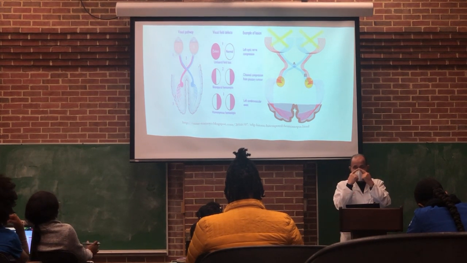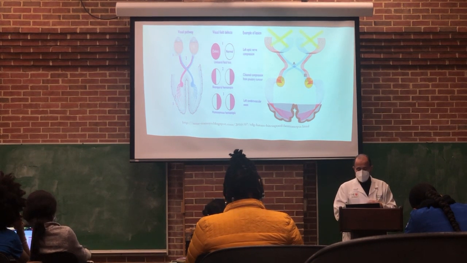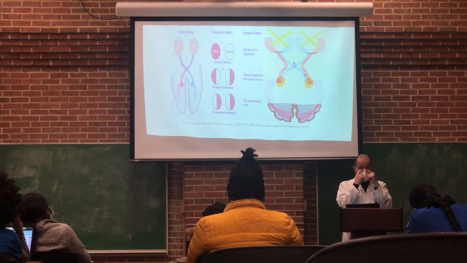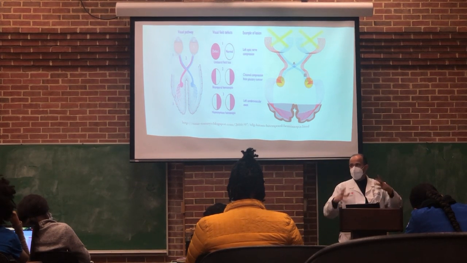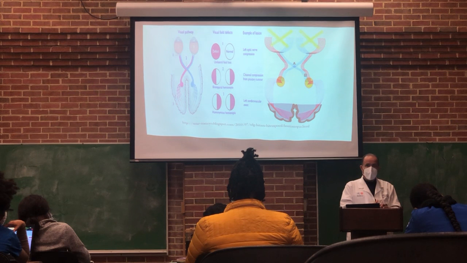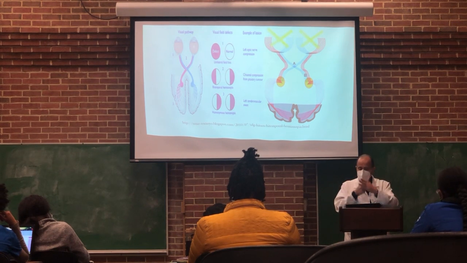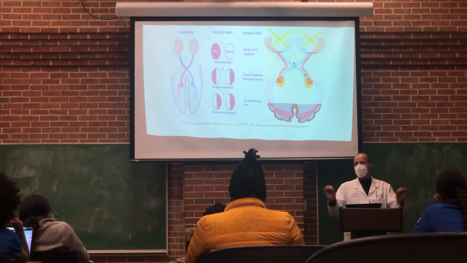So the nerve supply to the nasal retina will be damaged because there is pressure by the tumor at this point. So the nasal part of the retina on each side will not receive images from the temporal part of the visual field. Therefore, these patients who have an adenoma arising from the pituitary gland, because it compresses the optic chiasm here, will have this typical picture, meaning bitemporal hemianopsia.